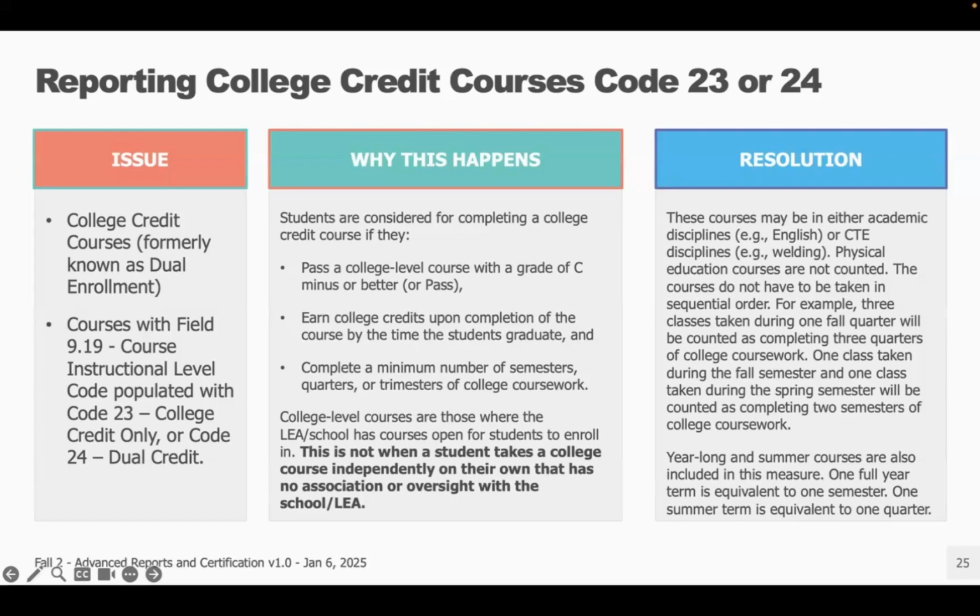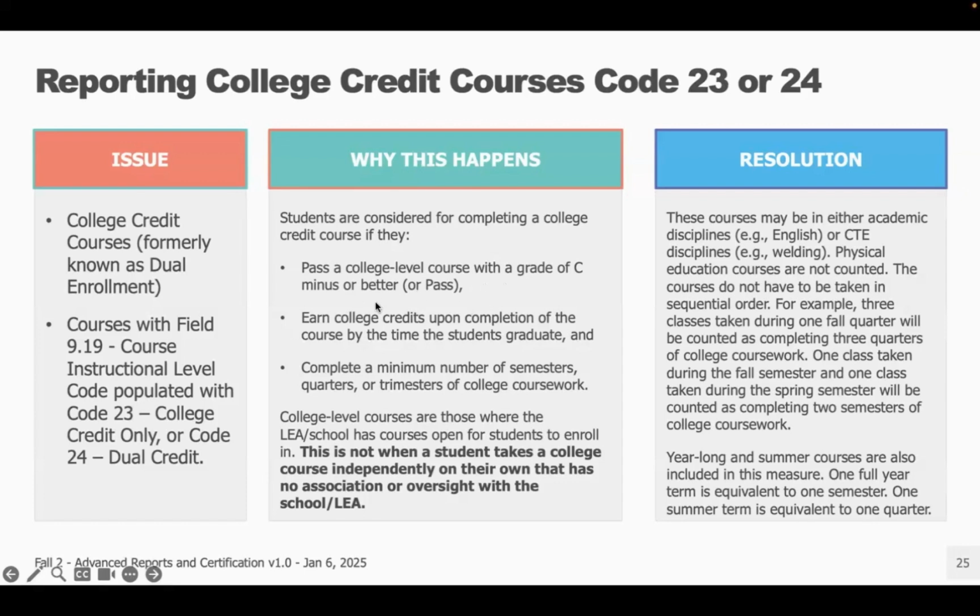They have to earn college credits upon completion of the course by the time they graduate and complete a minimum number of semesters, quarters, or trimesters of college coursework. Another important condition is that the college level courses are those where the LEA or the school has courses open for students to enroll in.